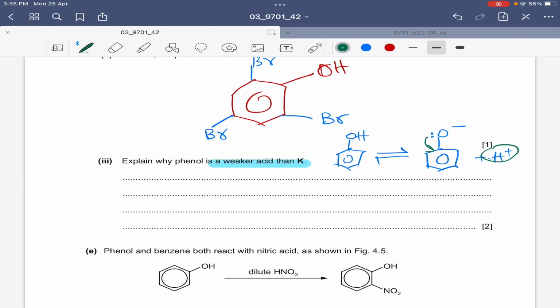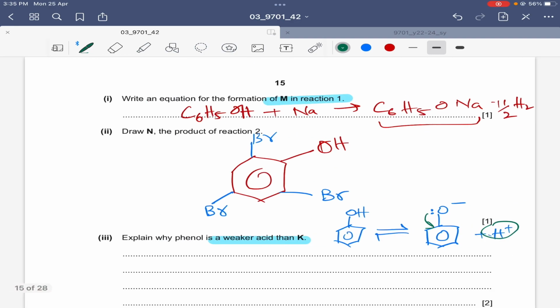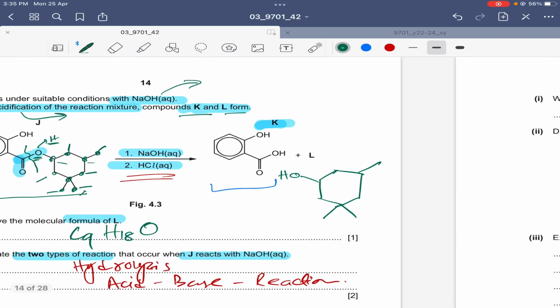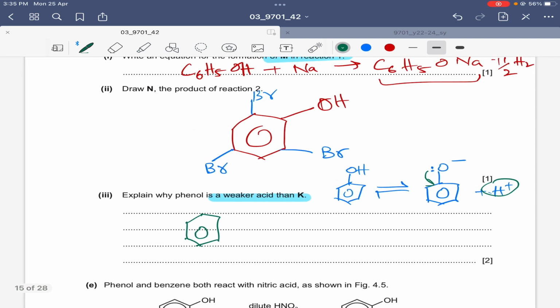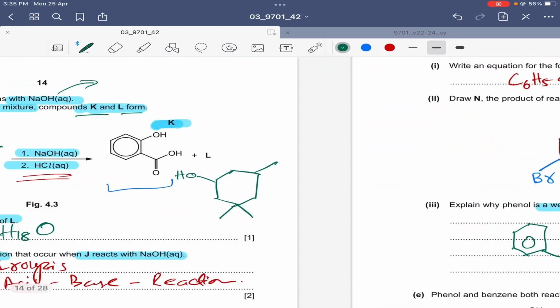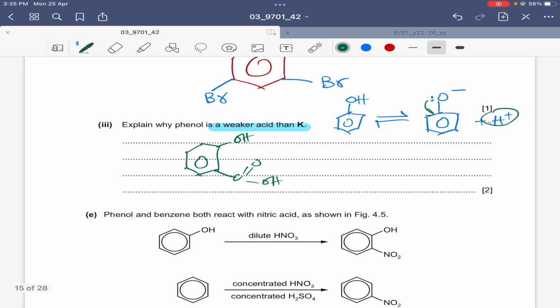But when we compare it with organic acids, carboxylic acids, right? So this is carboxylic acid K. When this carboxylic acid ionizes, we get C double bond O, O negative, and OH.